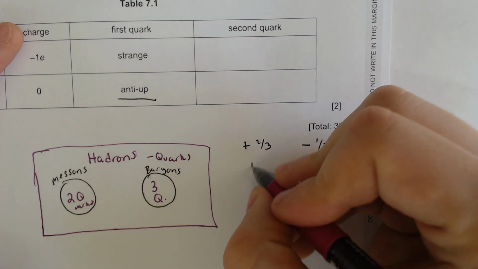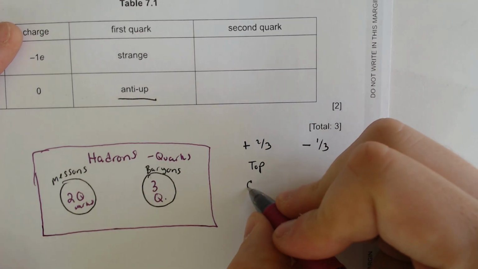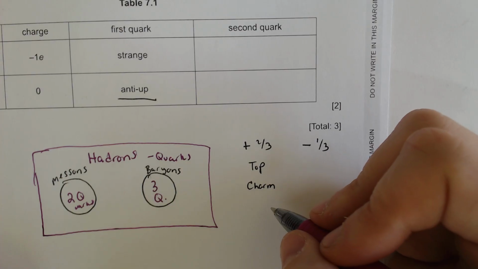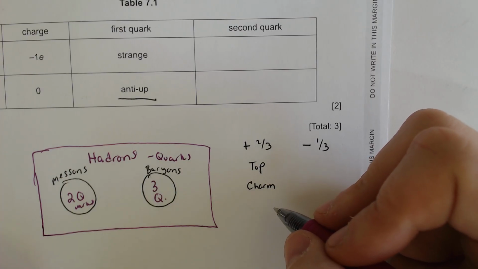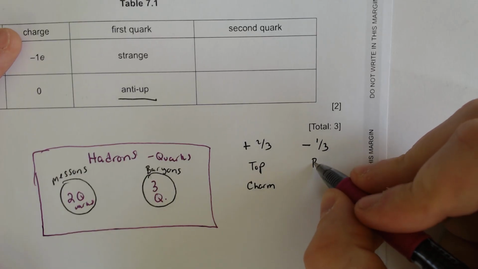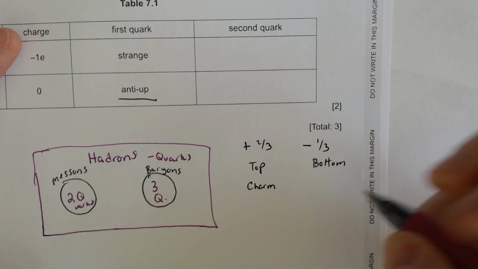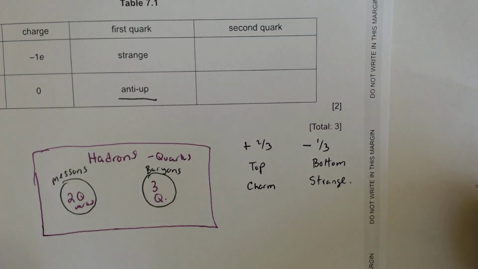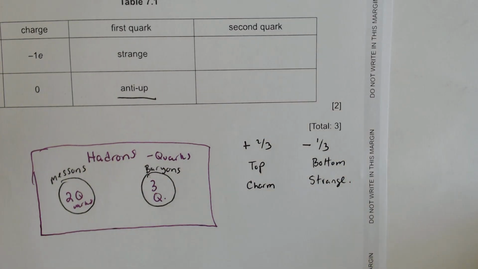So positives, we have top, we have charm, and, oh my gosh, I can't remember. Let's think of the negative ones. We got bottom for negative. We have strange. And I can't think of the other one either.